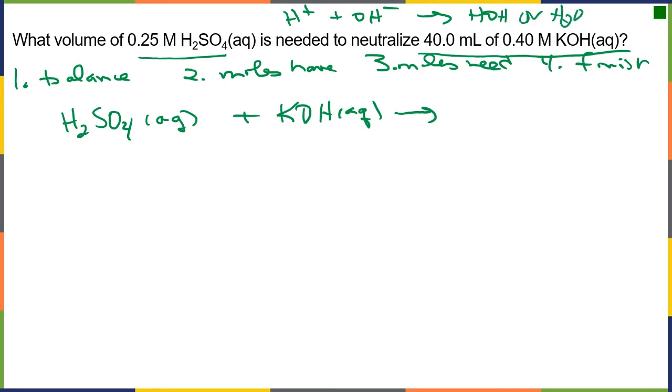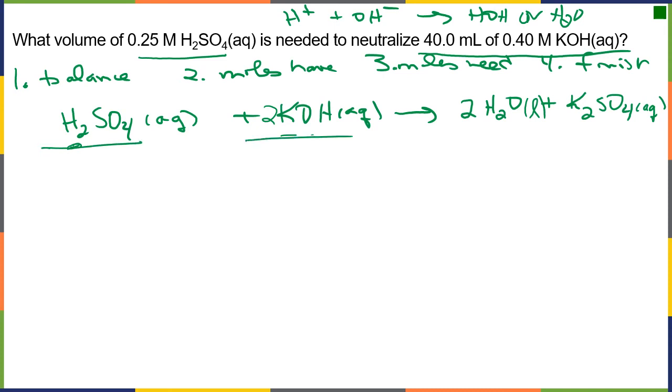Everything else is probably going to be a spectator ion. So if I look at this, I have 2 H's, I need 2 OH minuses, and I'm going to make 2 H2Os. For every H+ we bring in, we need an OH- to react with it, and our other species is K2SO4. Now, when we're doing stoichiometry, we do not need our net ionic. We only need the molecular equation because that gives us our ratios.